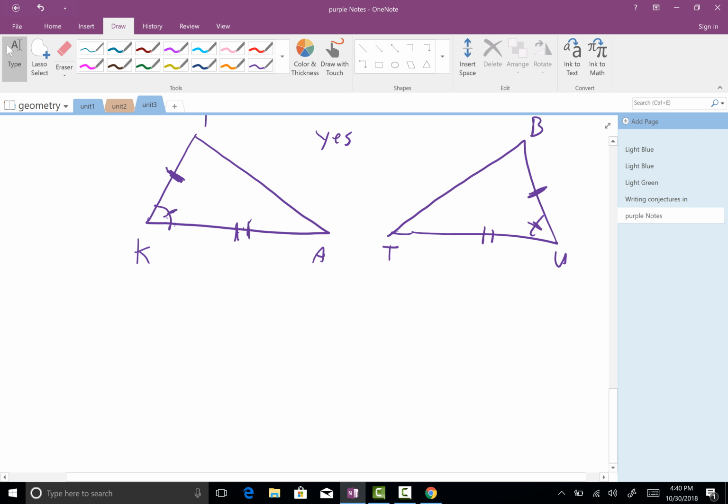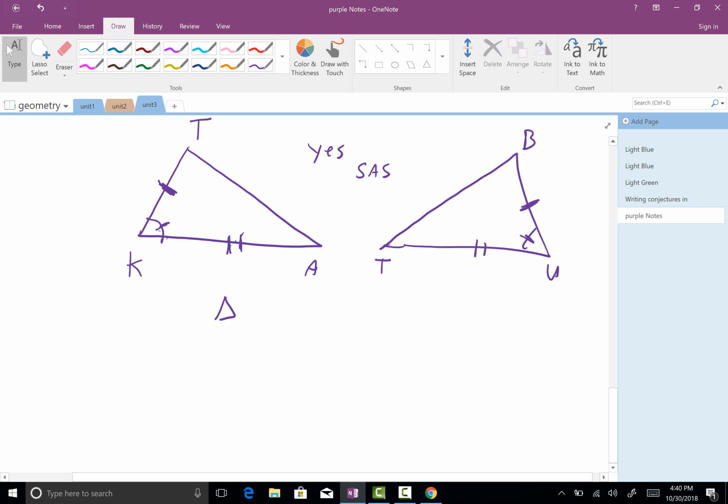State the congruence conjecture: side, angle, side. And then we're going to write down how they're congruent. So we're going to go triangle KAT congruent to triangle. K corresponds to U. A corresponds to T. Oops, we can't have two T's.